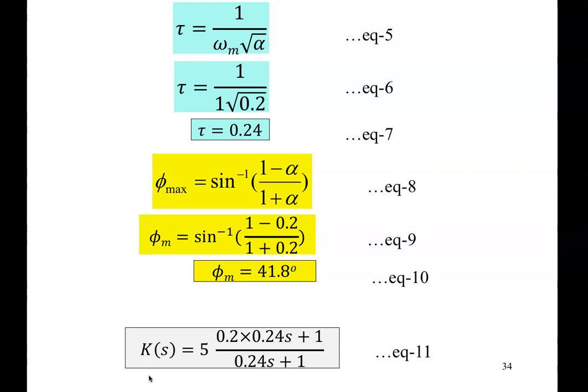Well, for the phase lag compensator, what we're trying to do here is to increase low frequency gain, in particular the DC gain. Therefore, the steady state error will be reduced. Now, think about phase lead to give us more stability. Think about phase lag to give us more low frequency gain or DC gain to reduce the steady state error.